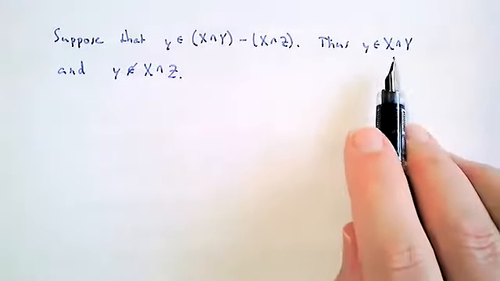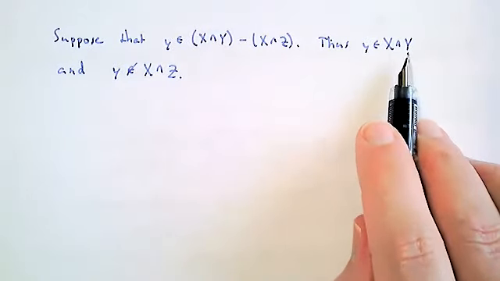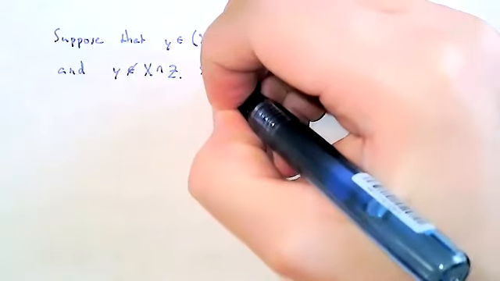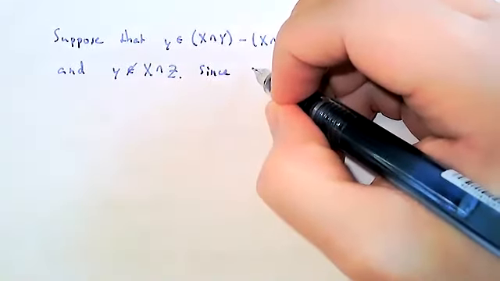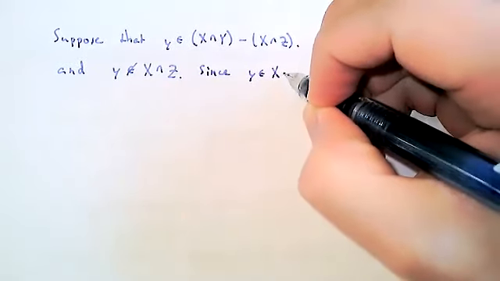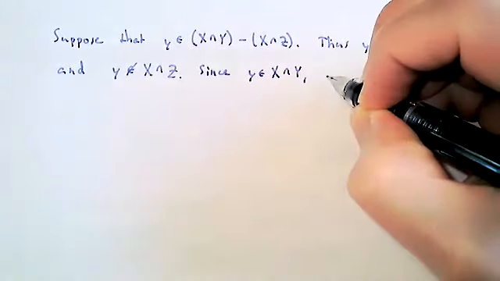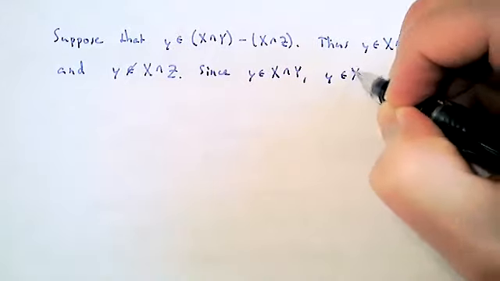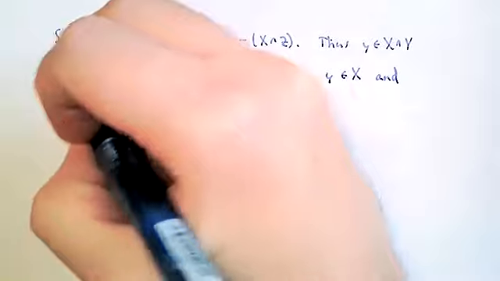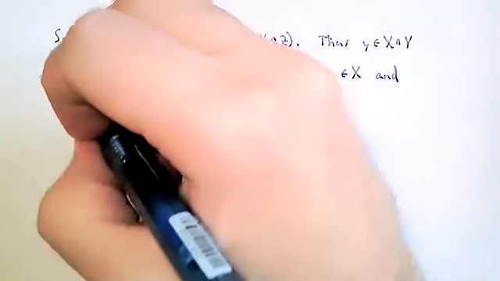From this first part, we know that y has to be in both of the sets X and Y. So y is an element of the set X, and y is an element of the set Y.